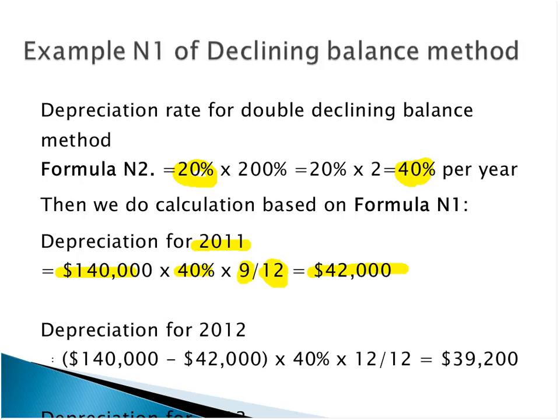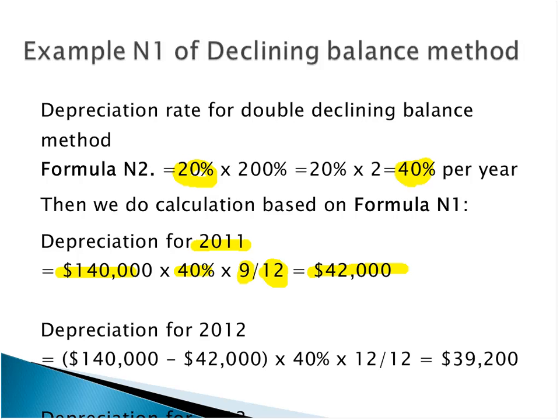So we have to make a calculation. If we bought the equipment in April, we start using it from April 2011, right? And you have to calculate how many months we are going to use this equipment in the year 2011.